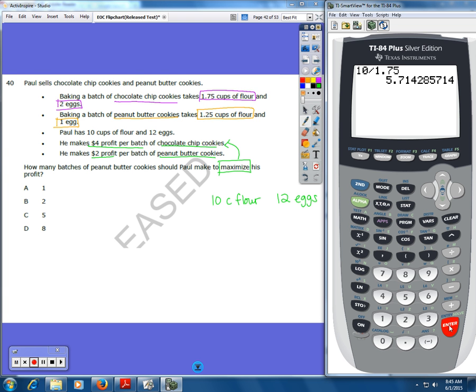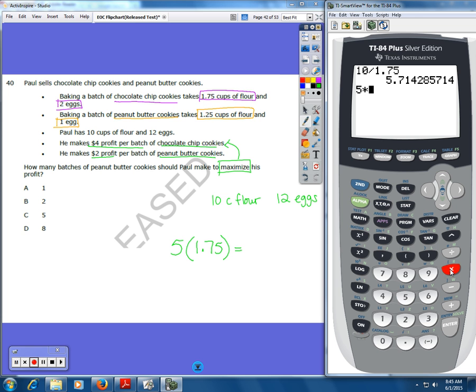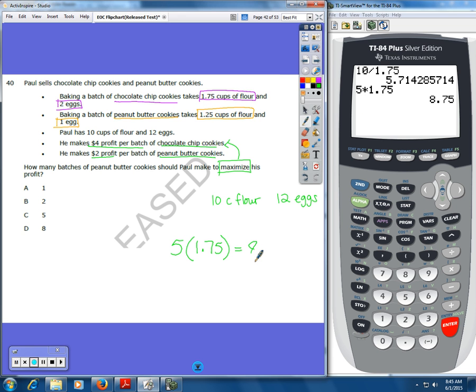So it says 5.71, so basically he has enough to make 5 batches of chocolate chip cookies, okay? So if he does 5 batches of chocolate chip cookies times 1.75 cups of flour, okay, he's going to end up using 8.75 cups of flour total for his chocolate chip cookies.